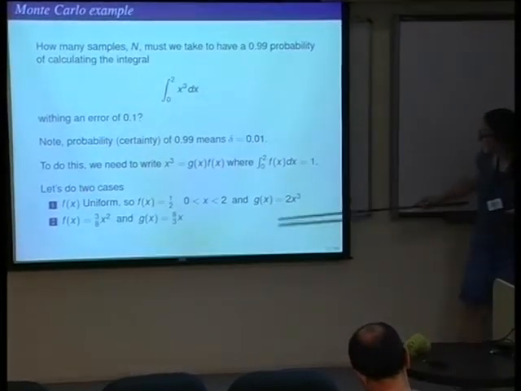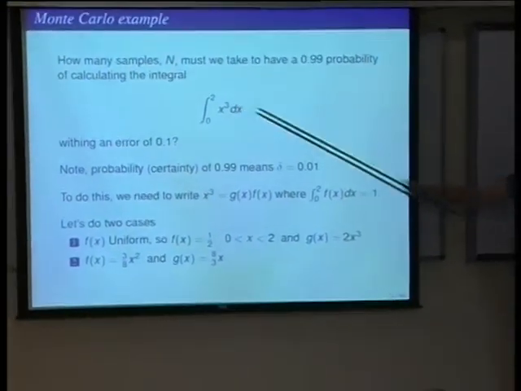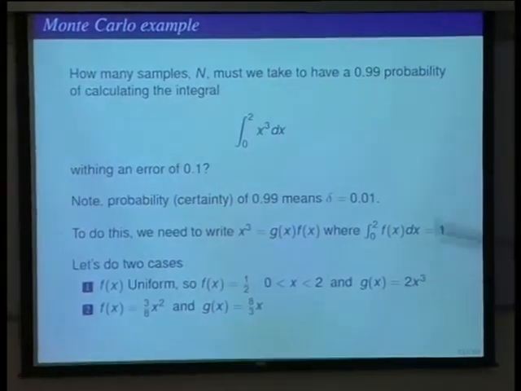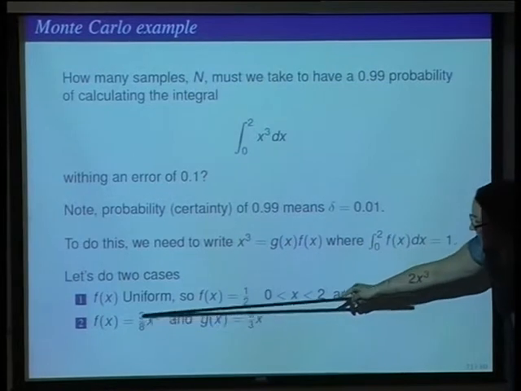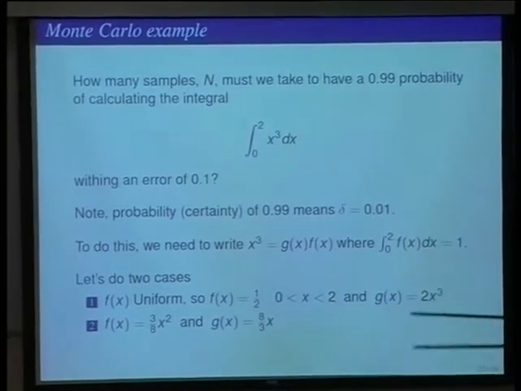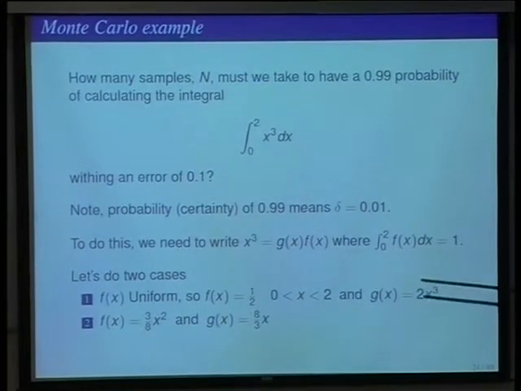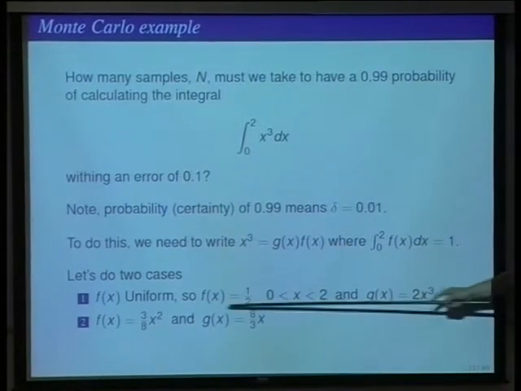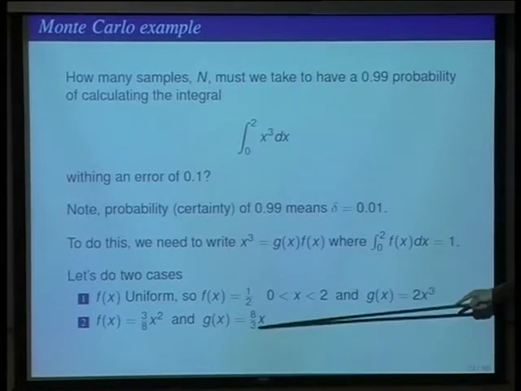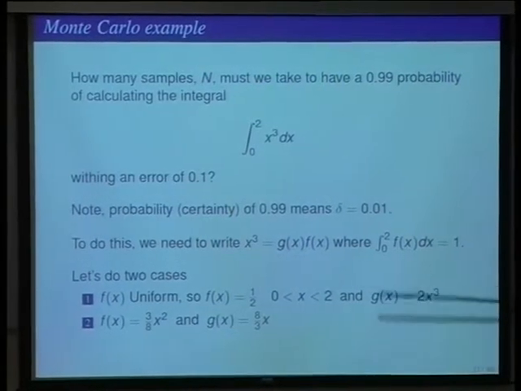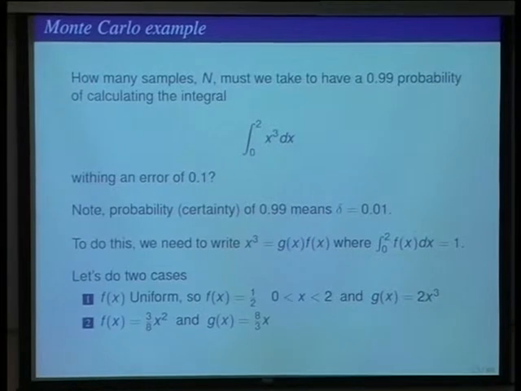That leaves us with twice x cubed to get back x cubed as an integrand. Right? So a half times twice x cubed is x cubed. The other case we'll think about is taking our f to be 3/8 x squared. The 3/8 isn't random there. I chose it so the integral of 3/8 x squared from 0 to 2 is 1. And that leaves us, I need this product to be x cubed. So we'll look at those two cases.